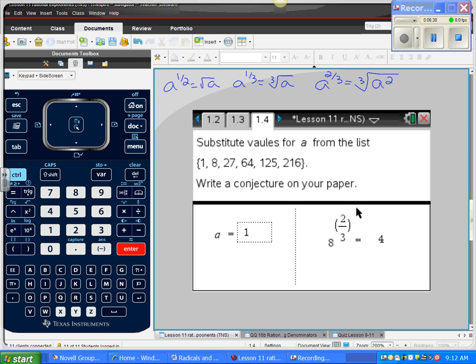So if we think about 8, it would become the cube root of 8 squared. Good. Cube root of 64 is 4. So do you see how that works? It takes a little getting used to. Okay, so if we have the cube root of 27 squared, you're going to figure out what 27 squared is, and then take the cube root. What do you think? We're going to do a lot of practice with it.